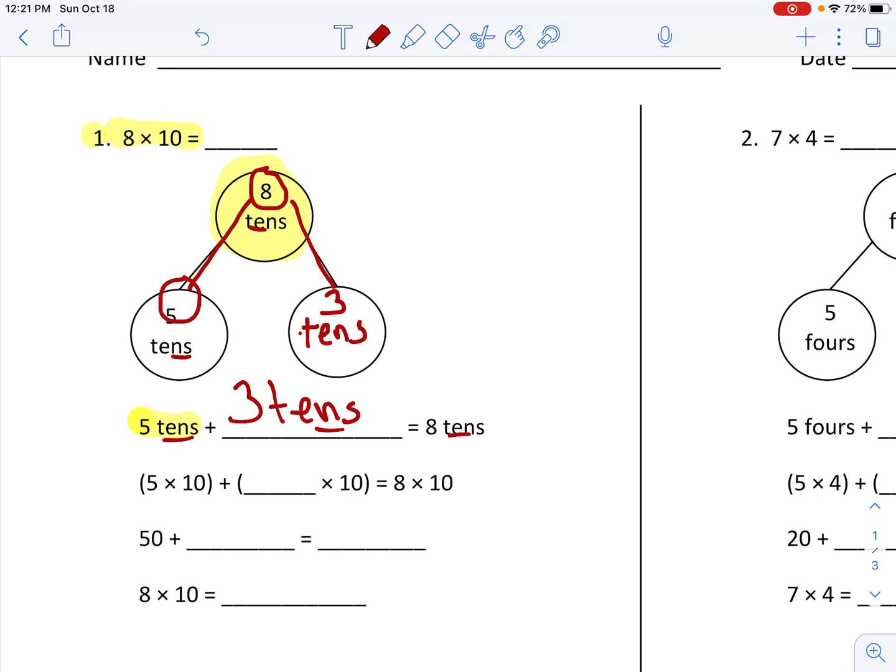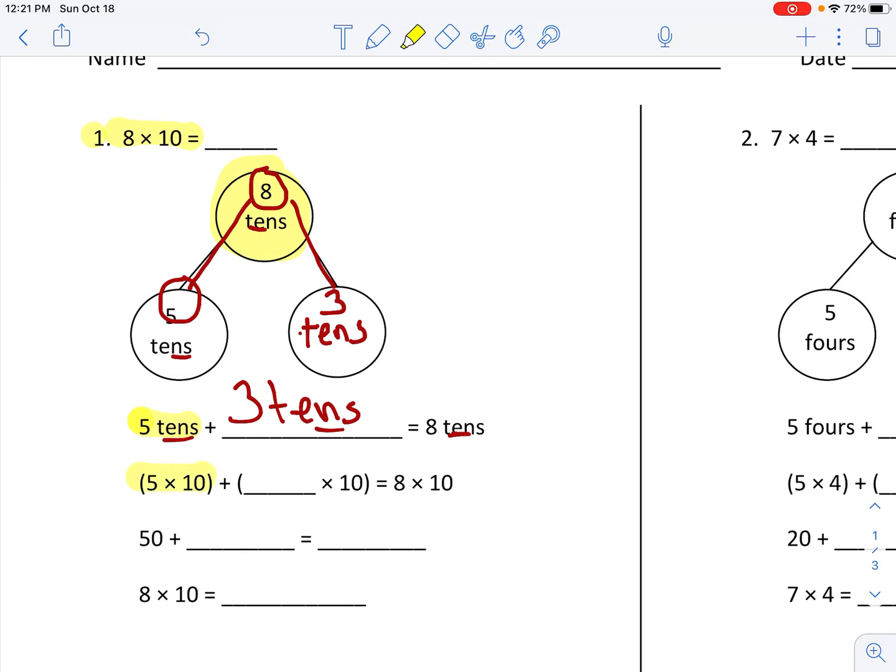It wouldn't matter if this said tens or dogs: 5 dogs plus 3 dogs equals 8 dogs. Or pencils, 5 pencils plus 3 pencils equal 8 pencils. It doesn't matter what the label is right here. We're just splitting up the 8 tens into 5 tens plus 3 tens.